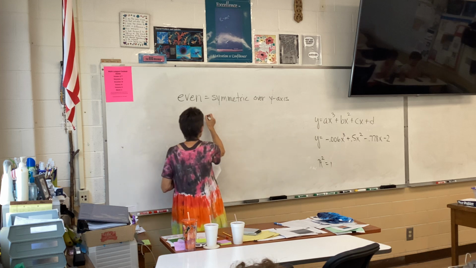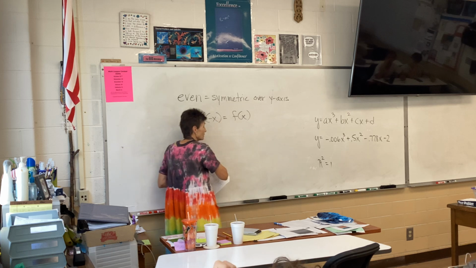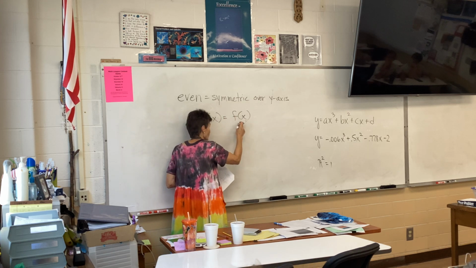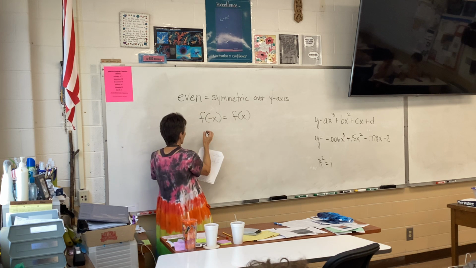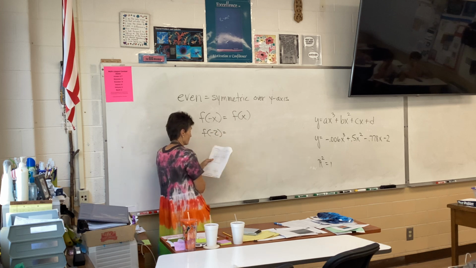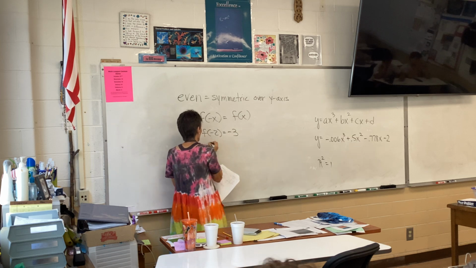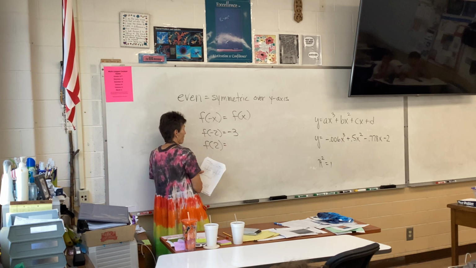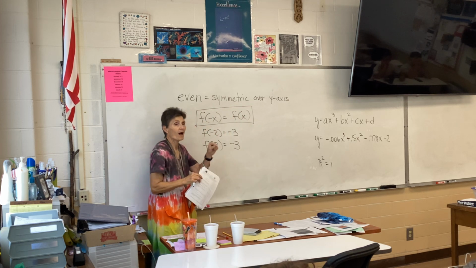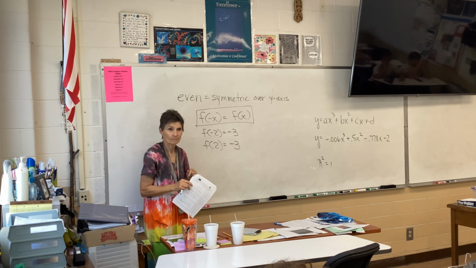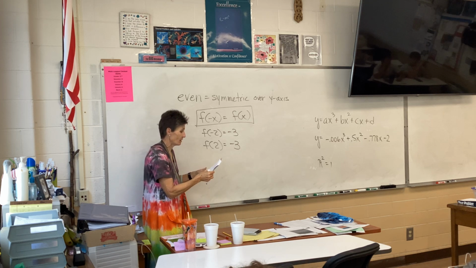What it means is that if you plug in a negative number, or if you plug in the corresponding positive number, it doesn't matter. So if you look at your picture, what's f of negative 2? Negative 3. What's f of positive 2? Negative 3. So what it means to be even is the sign on x doesn't matter. That's what it means to be even.